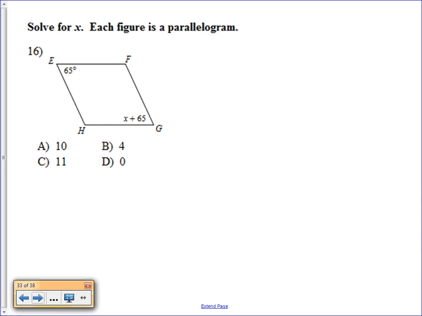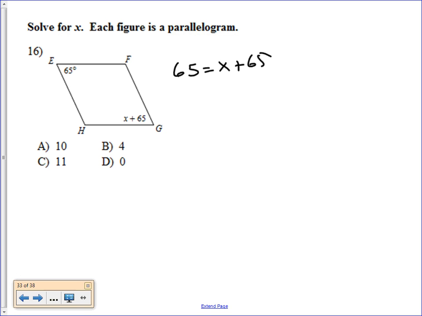In a parallelogram, these are called the opposite angles. Opposite angles should be the same. So 65 equals x plus 65.